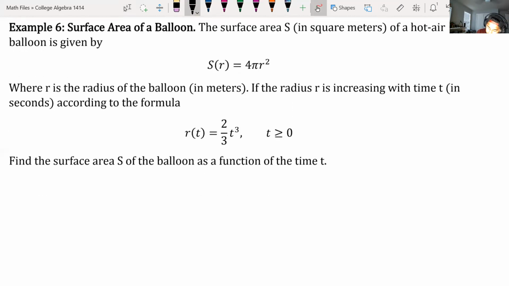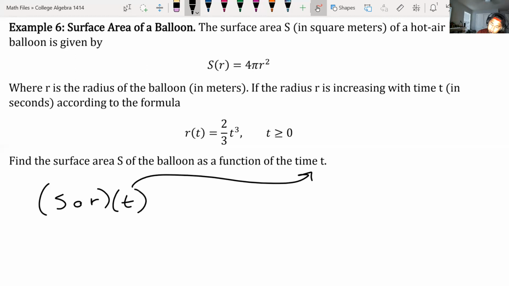So this means that you'd get S compose R of t. And the reason it's t is because we are finding the surface area of the balloon as a function of time t.